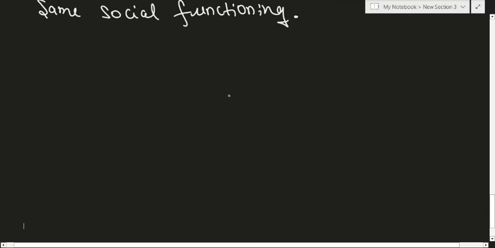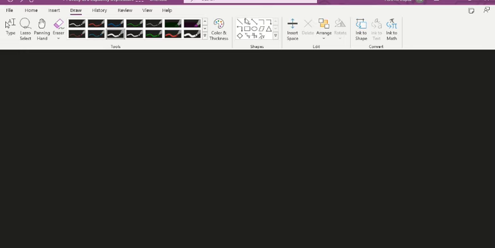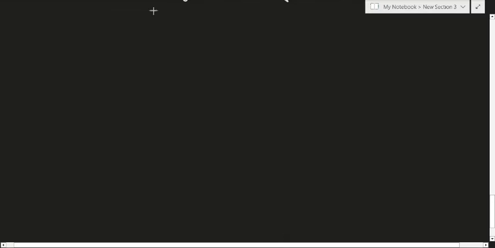Okay, so let's try to build a mind map of what the capability approach is trying to tell us.